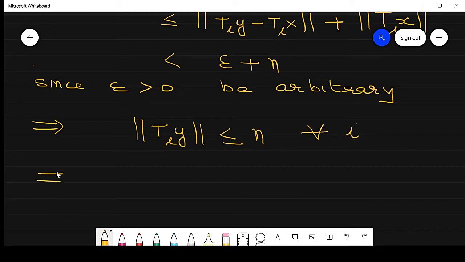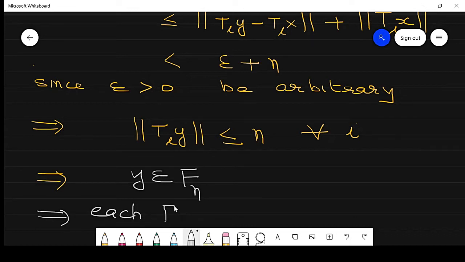So it implies y belongs to Fn. Why? Because it satisfies all the conditions of Fn. So we take y as the limit point and it belongs to Fn. So each Fn is a closed set.